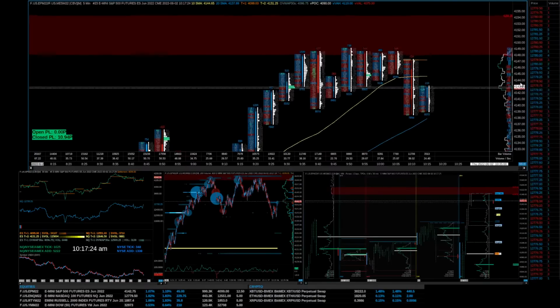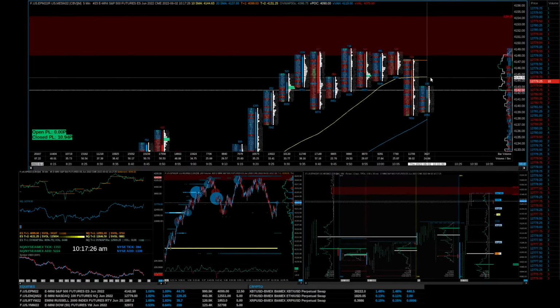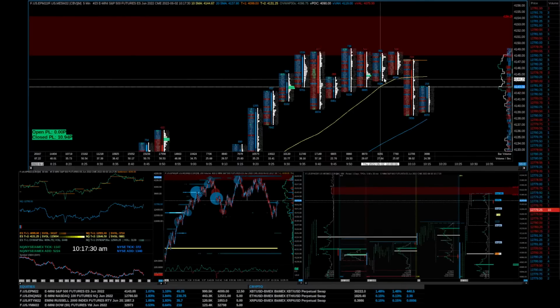Anyway, we're testing the bottom side now of the 10 SMA and prior structure.